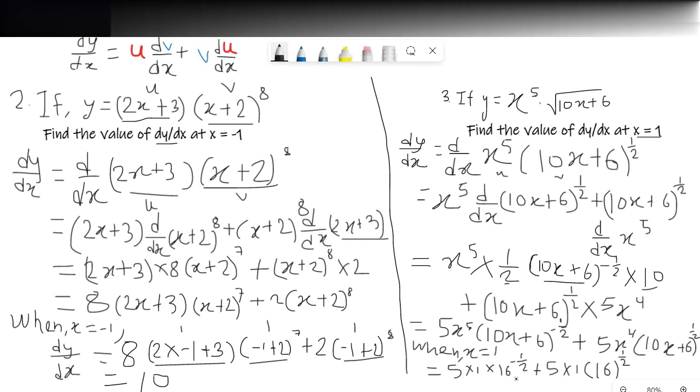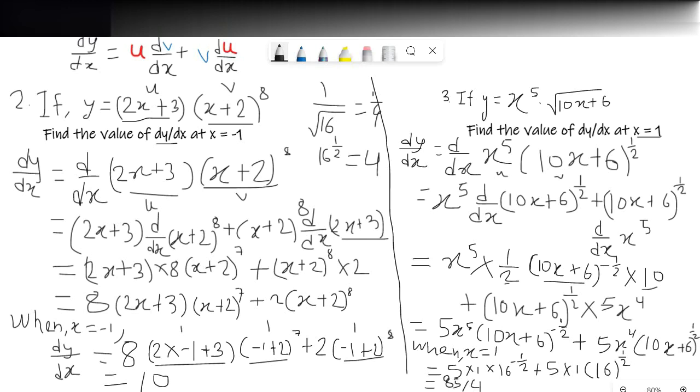So 16 whole to the power minus half is 1 by root 16, which is 1 by 4, and 16 to the power half is basically 4 according to indices rules. So we have 5 by 4 plus 5 into 4, and adding both we get a fraction of 85 by 4.